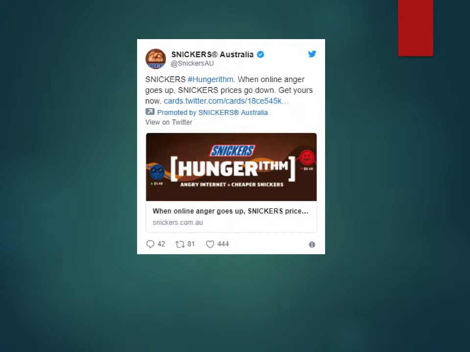Snickers is another one. This was really brilliant, where they had a campaign in Australia with a hunger rhythm meter they used as a hashtag, and they were supposedly creating an algorithm that showed how angry people were, or hangry people were on the internet, and the angrier people got, the cheaper the Snickers bar was, because they would increase the amount of savings that they would offer through coupons.